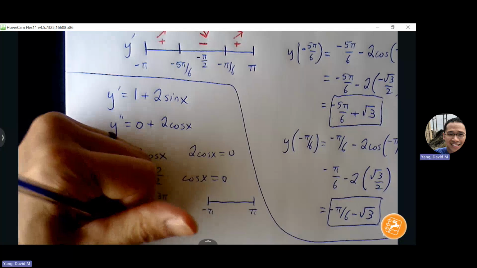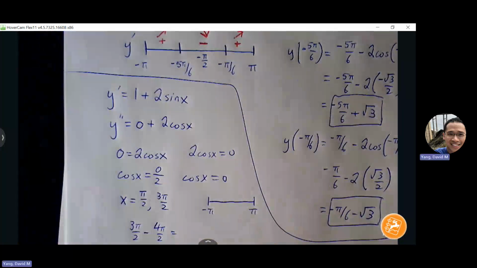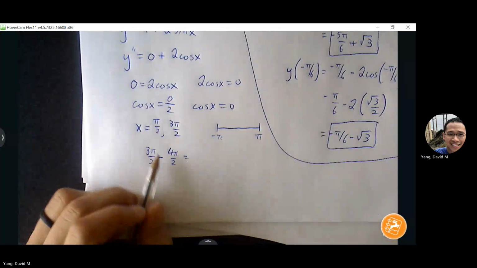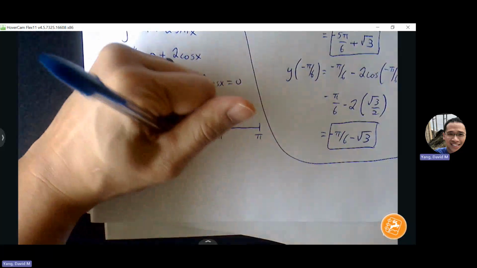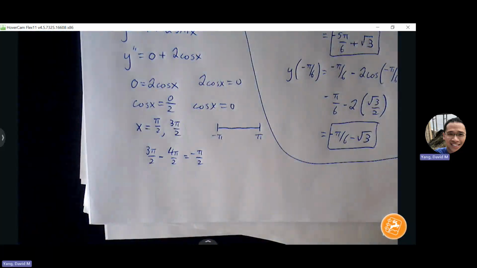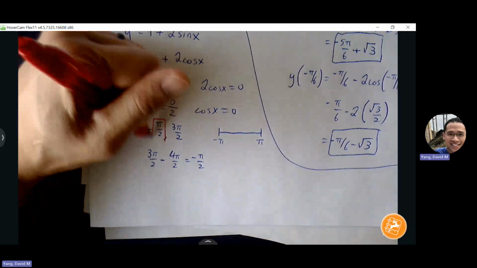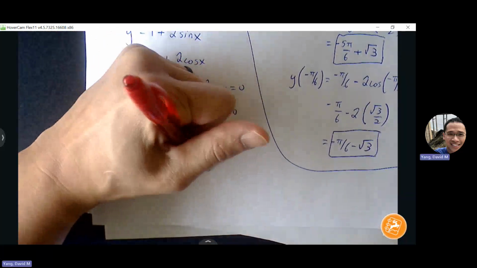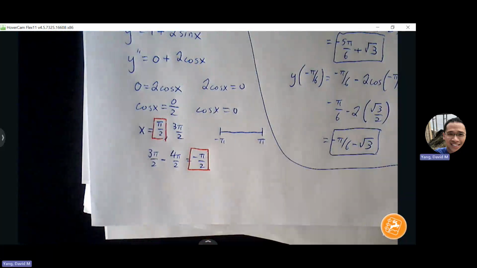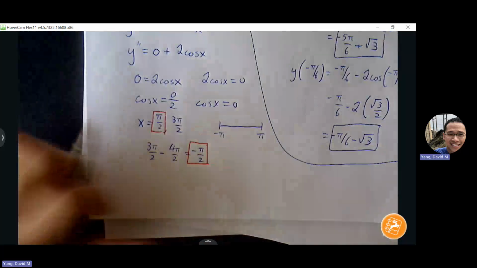I'm just matching the common denominator here. So negative pi over 2 is valid. So we have 2 critical points that we can say fall inside the interval from negative pi to pi. So let's create our second derivative sign line.